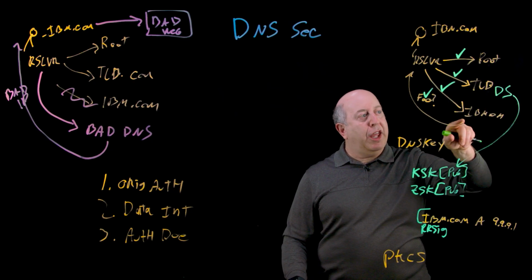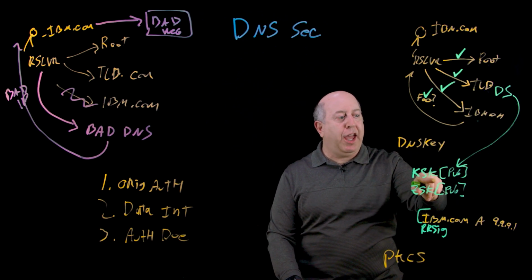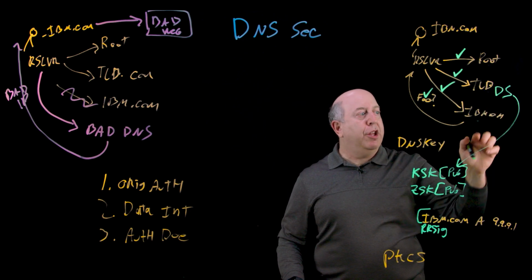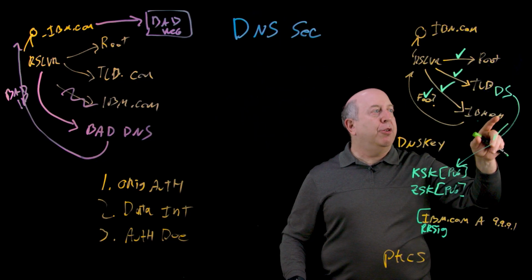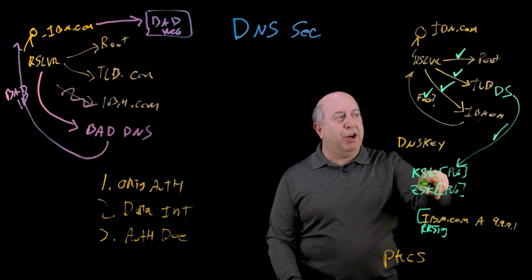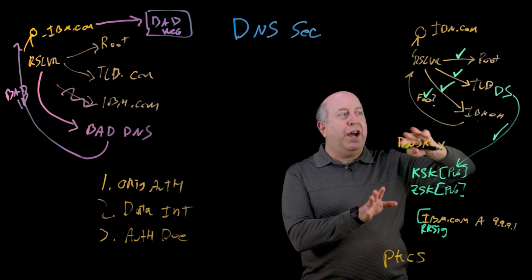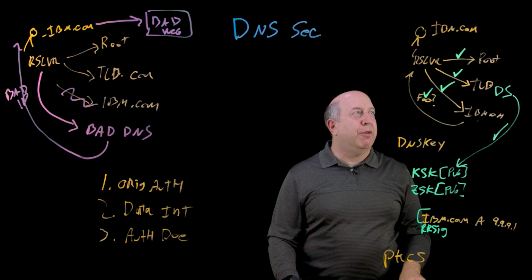Then when it next goes to IBM.com level, it pulls a copy of the KSK and then compares the two. And if they match, then it knows that the KSK at the IBM.com level really does belong to IBM.com, and thus we've validated that we're talking to the correct server.